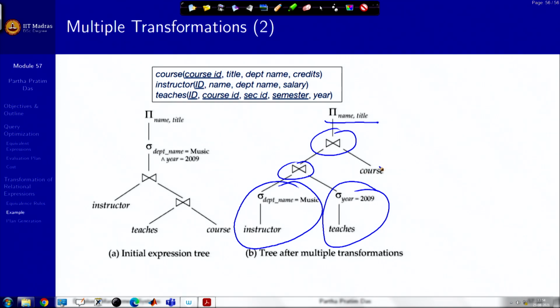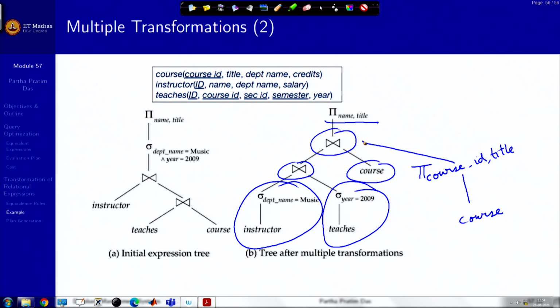Actually, what you can further do is you can have course ID, title, you can do a projection on the course also.